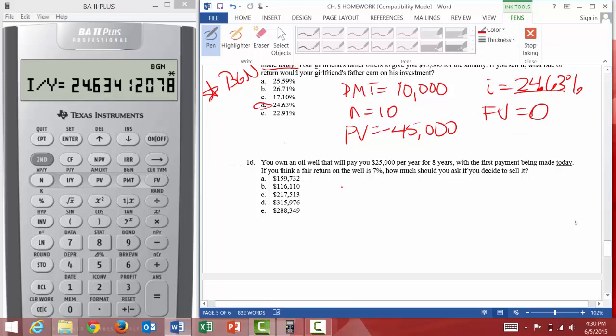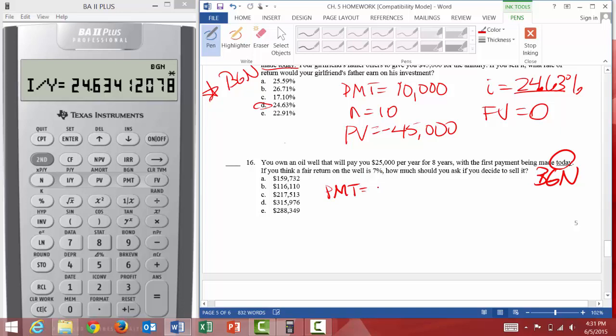So you own an oil well that will pay you $25,000 per year for 8 years, with the first payment being made today. So that means we need begin mode. If you think a fair return on the well is 7%, how much should you ask if you decide to sell it? Okay, so it pays you $25,000 per year.